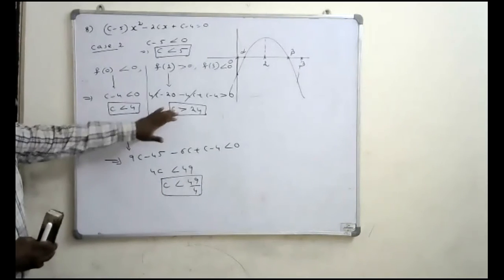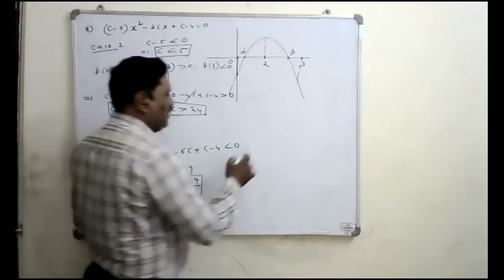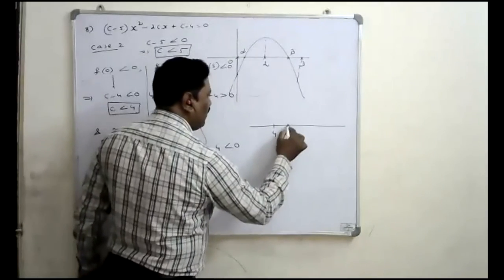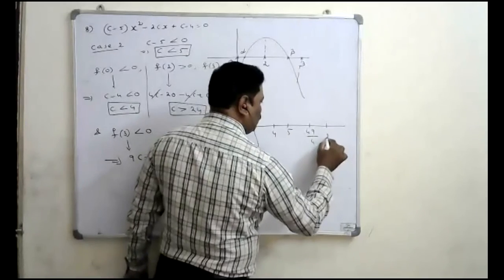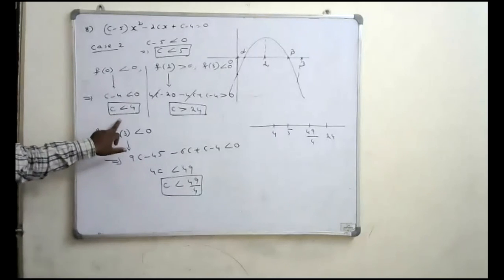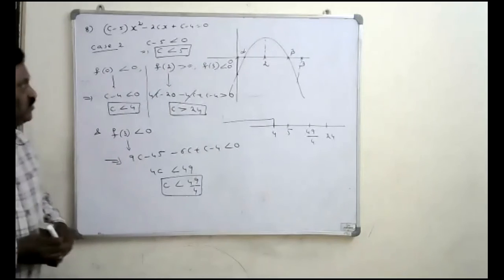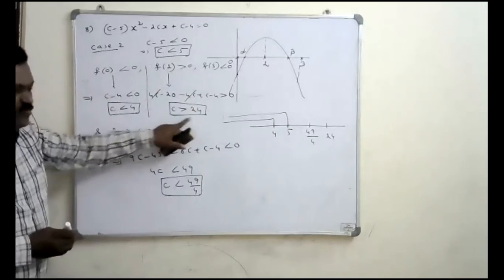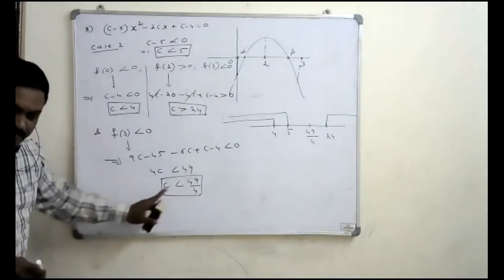We have different intervals here. Now we have to find the common interval satisfied by all these four. For that, take the real line and represent the smallest value 4, then 5, then 49 by 4, then 24. It is saying that we have to take c less than 4, less than 5, more than 24, and less than 49 by 4.